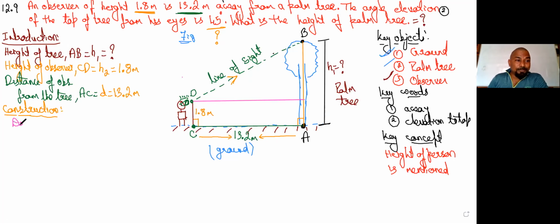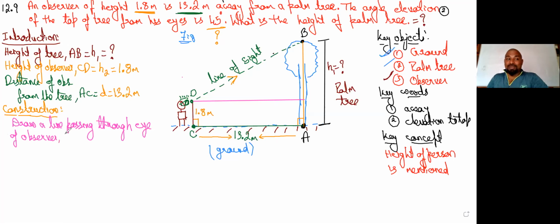Draw a line passing through the eye of the observer. Please remember where that line is meeting.